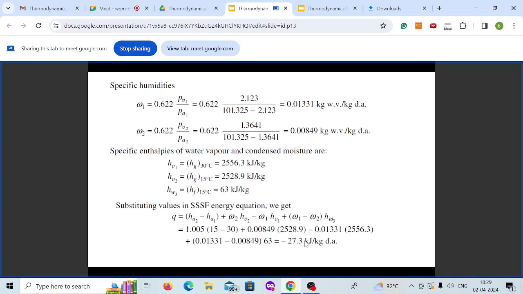So you're removing 27.3 kilojoules of energy for 1 kg of dry air, and close to 4.8 grams of water per kg of dry air is condensed.